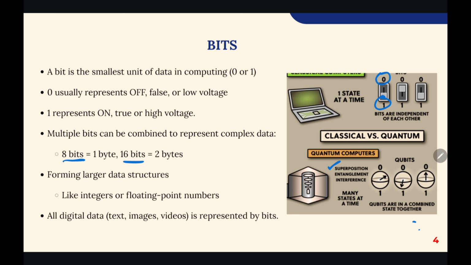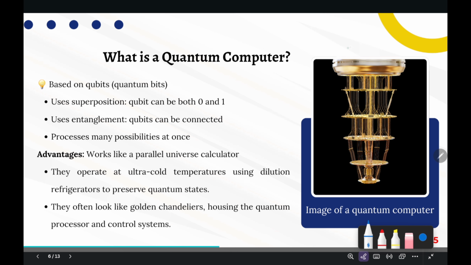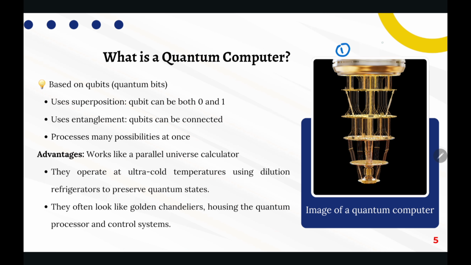Then there is another magic trick called entanglement, where two qubits are connected in such a way that changing one affects the other, even if they are far apart. To make it simpler, say you have a pair, 1 and 2. These two are going to be entangled.